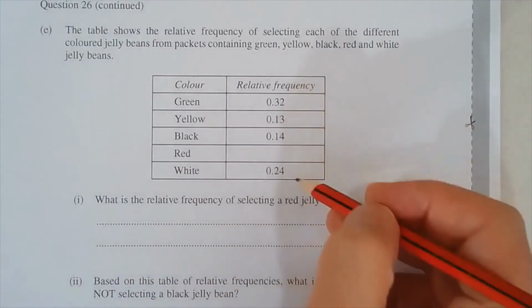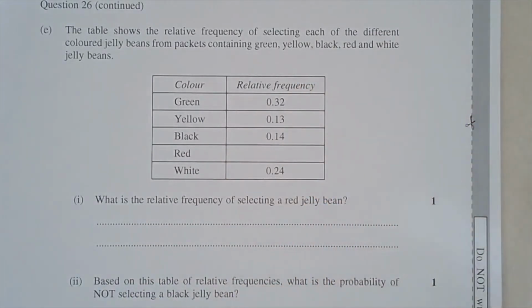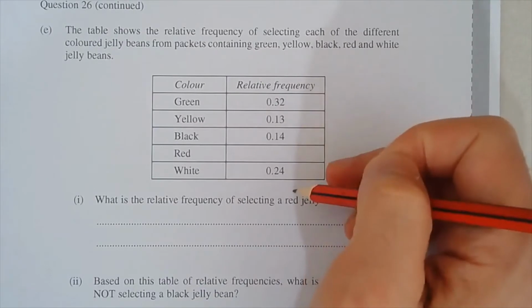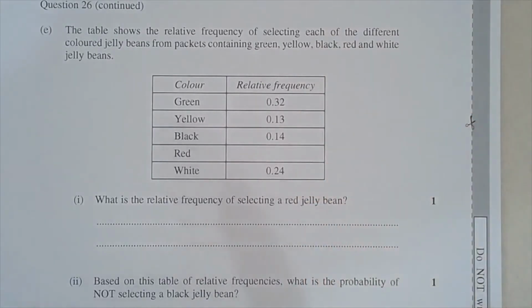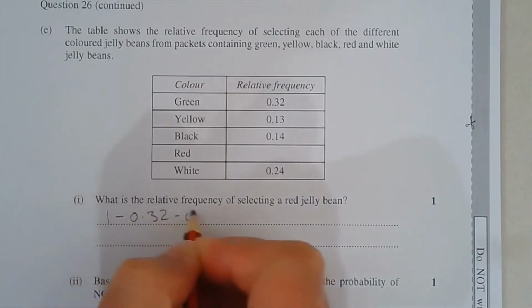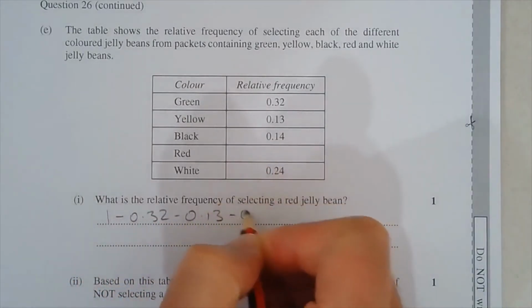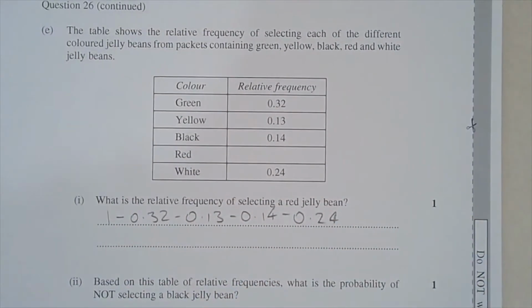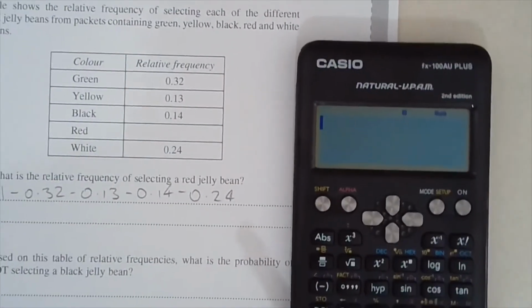So relative frequency is basically the probability, but obviously determined experimentally. The sum of all the probabilities of all the possible outcomes should equal 1. So 1 minus 0.32 minus 0.13 minus 0.14 minus 0.24 should then give us the probability of red.